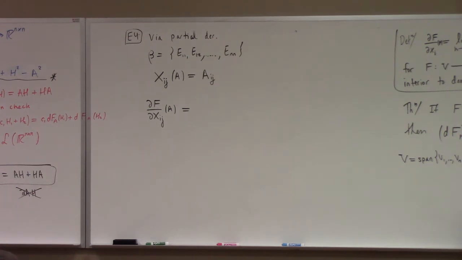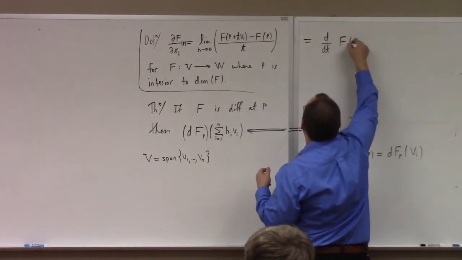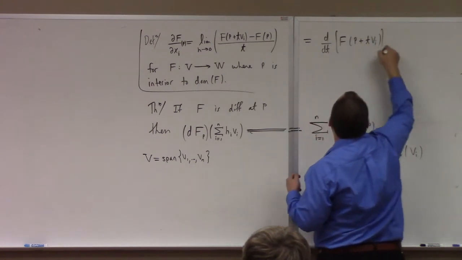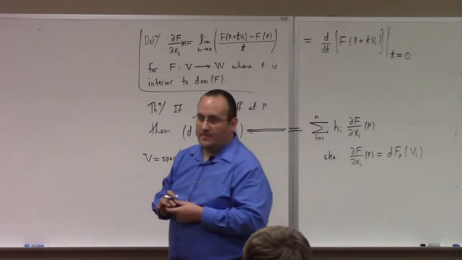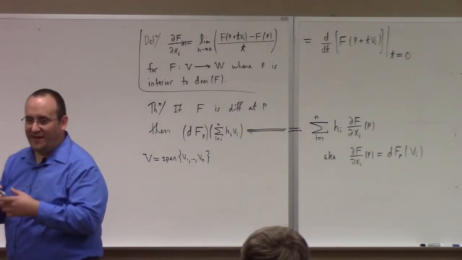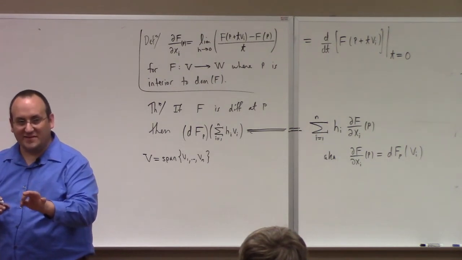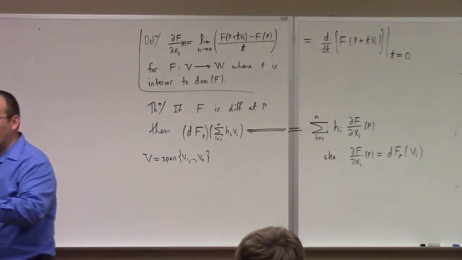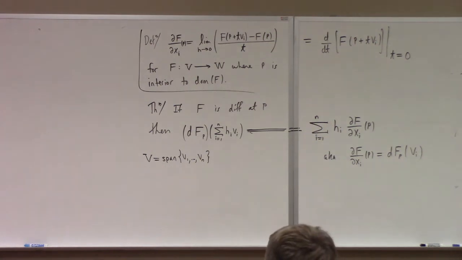I would rather write this as d/dt of f of P plus t Vi, put t equal to 0 at the end. I haven't quite justified taking the derivative of a vector valued function just yet. That's the next couple of examples after the definition. I show that the differential of a vector valued thing can be done component-wise, like the differential of a vector is the vector of the differentials.